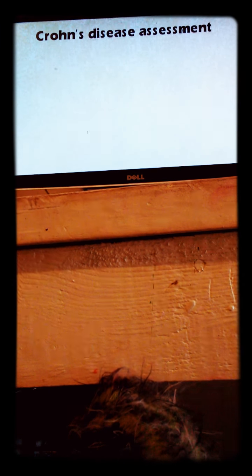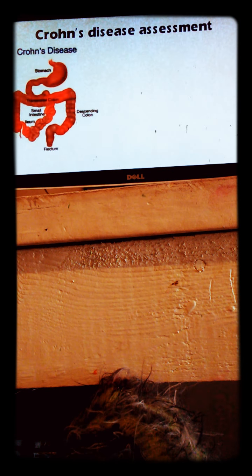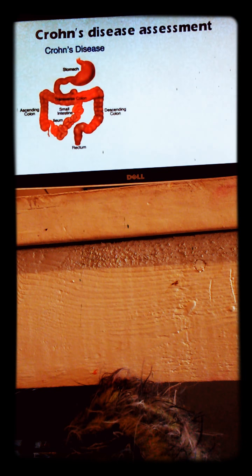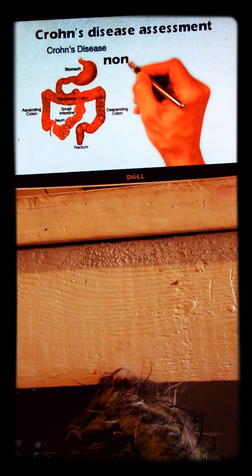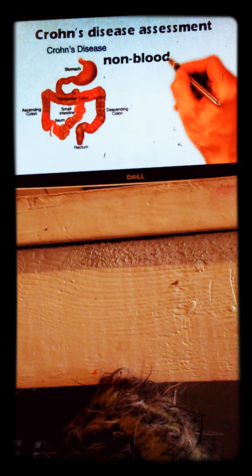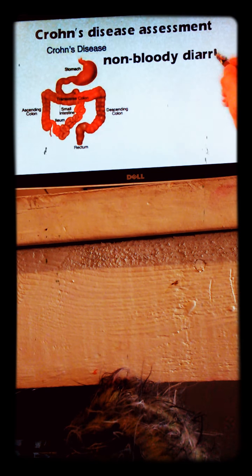Crohn's disease assessment. This condition is an inflammatory bowel disorder that involves any segment of the GI tract, but it is usually found in the terminal ileum. This disease's characteristic symptom is non-bloody diarrhea.